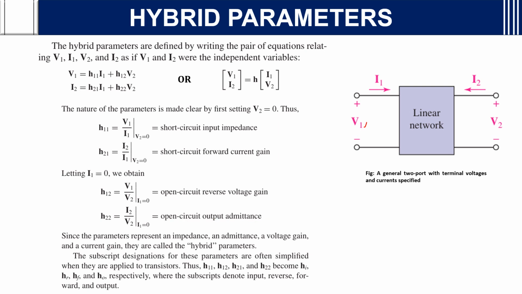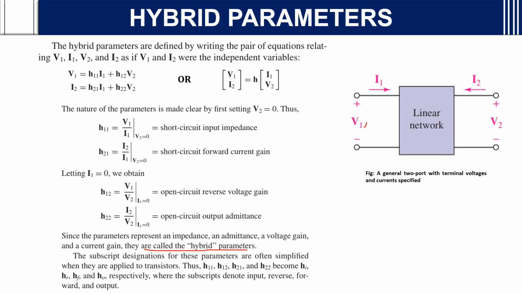So if you see, there is impedance, admittance, voltage gain, current gain. It is a mixture of different parameters, so it is called a hybrid parameter. Since the parameters represent impedance, admittance, voltage gain and current gain, they are called hybrid parameters. The subscript designations for these parameters are often simplified when they are applied to transistors.